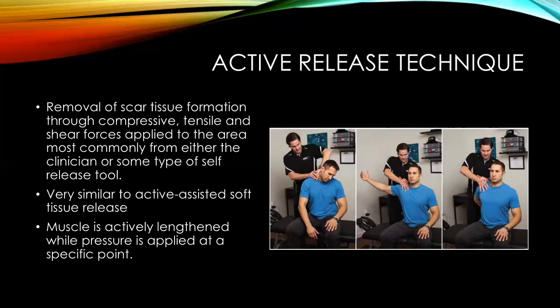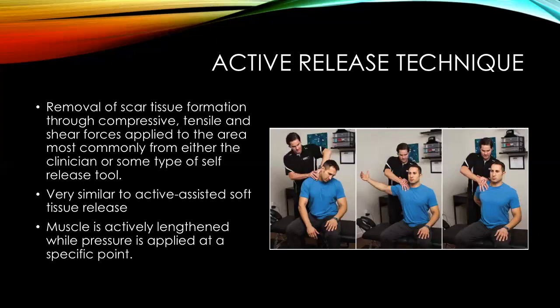During a treatment, the clinician will use this manual therapy technique to apply compressive, tensile, and shear forces to address repetitive strain injuries, cumulative trauma injuries, as well as constant pressure within tension points within the muscle.